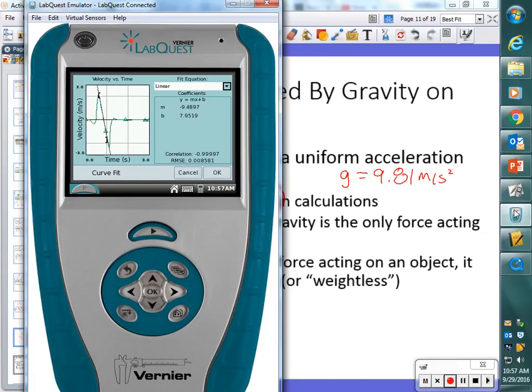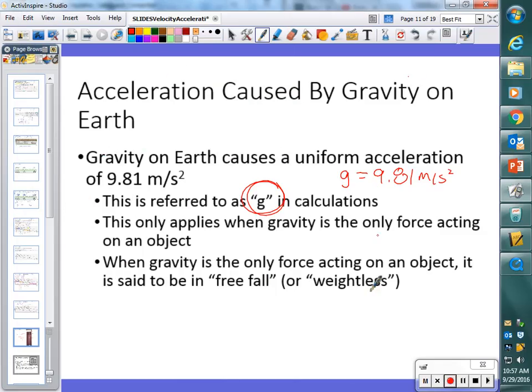That 9.81 value applies when gravity is the only thing acting on the object. Here on Earth, it's pretty hard for us to measure the acceleration of an object as 9.81 because in most cases, gravity isn't the only thing affecting a falling object. We have to deal with air resistance and stuff like that.